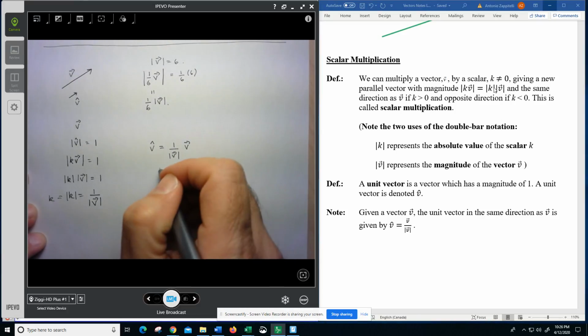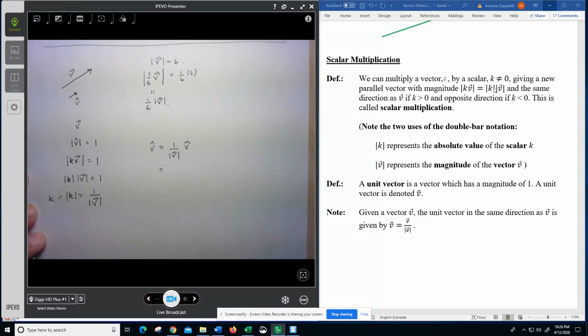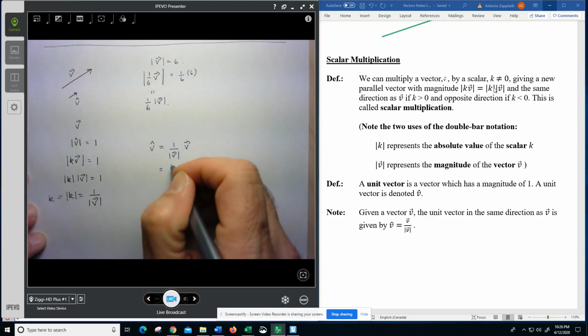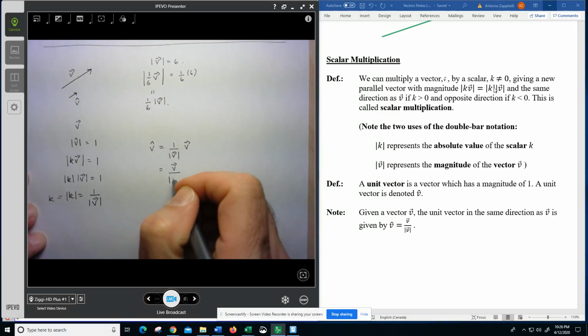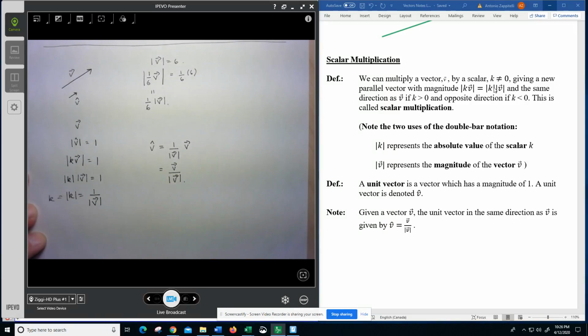Or we allow ourselves to use the idea of division and think of it as the vector v divided by its magnitude. So if the magnitude is 6, I just divide the vector by 6. If the magnitude is 10, I just divide the vector by 10, and this gives us this result: if I want to create a unit vector in the same direction as v, I just take v and divide it by its magnitude.